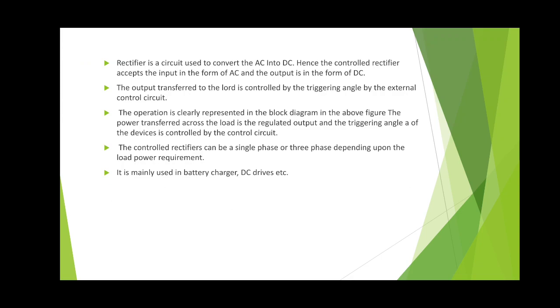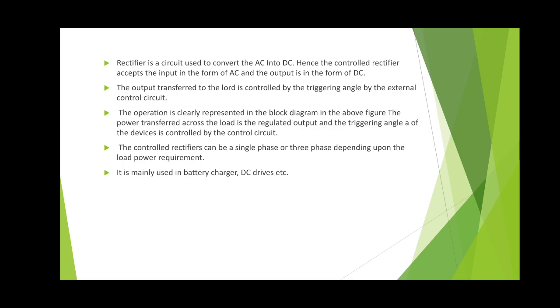Diode rectifiers are known as uncontrolled rectifiers because for a fixed value of AC input voltage, the output DC voltage is fixed and cannot be changed. Then the control rectifiers: rectifier circuits using thyristors along with diodes are known as controlled rectifiers because by changing the firing angle of the thyristor, the output DC voltage can be controlled.